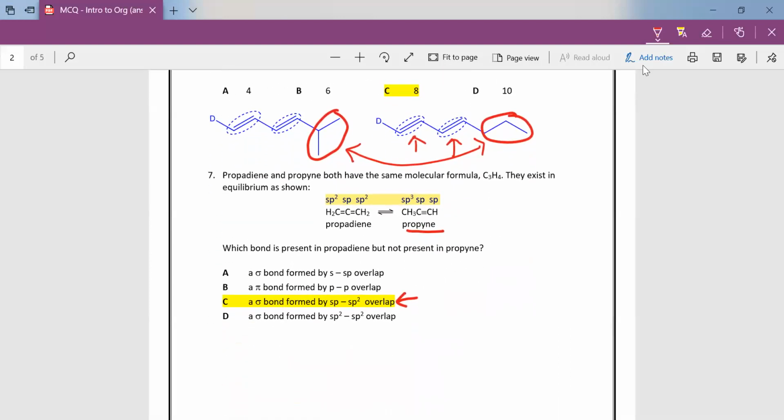For 7, which bond is present in propadiene but not present in propyne? I labeled for you all the carbons here, so you can see for yourself what is present and what is not present.